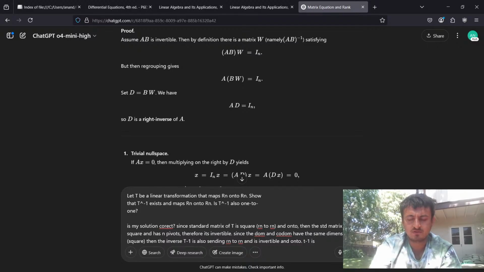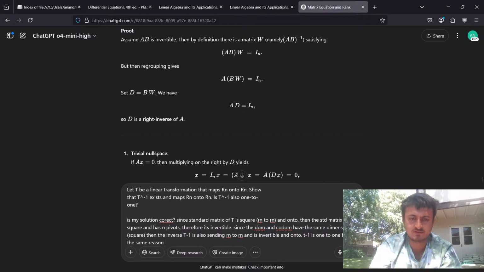T minus 1 is 1 to 1 for the same reason that its inverse exists.